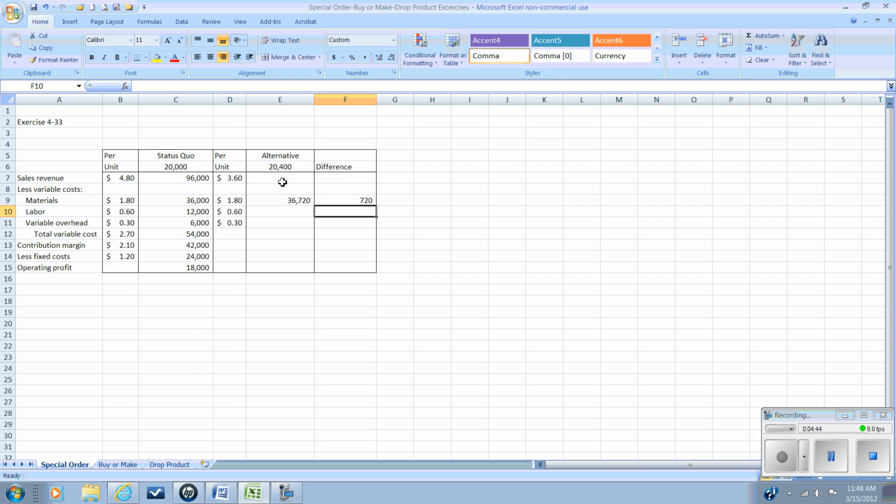Let's start building our analysis. So we're going to first determine the revenue, and that's going to have two components. It's going to have the status quo, so we can take the answer we had in cell C7, and to that we can add the additional units.